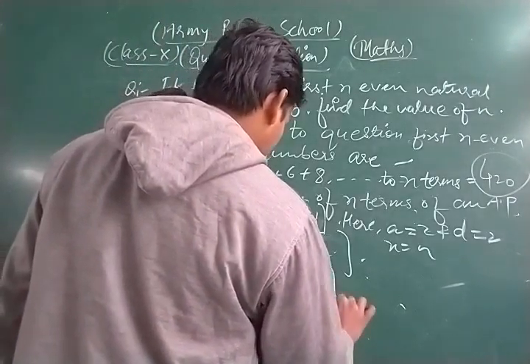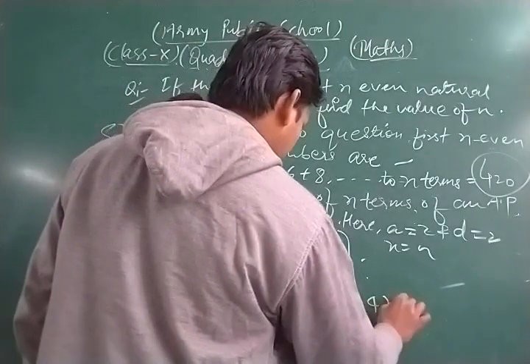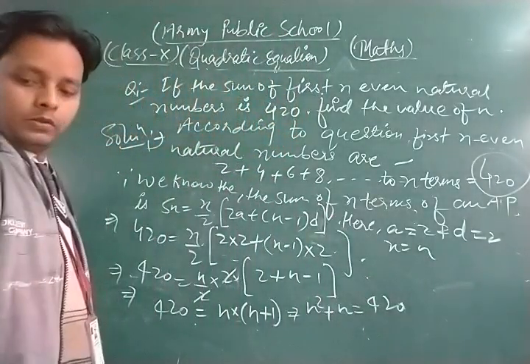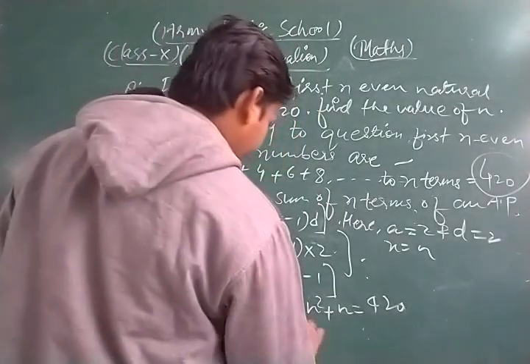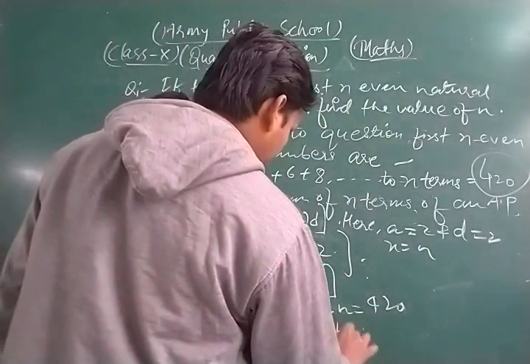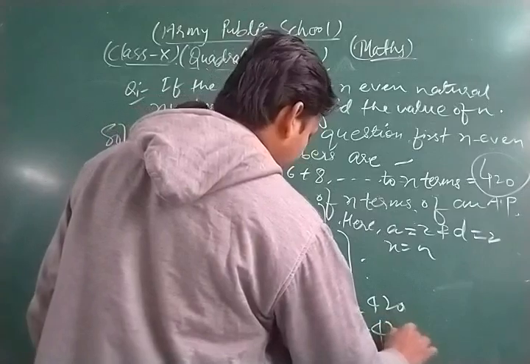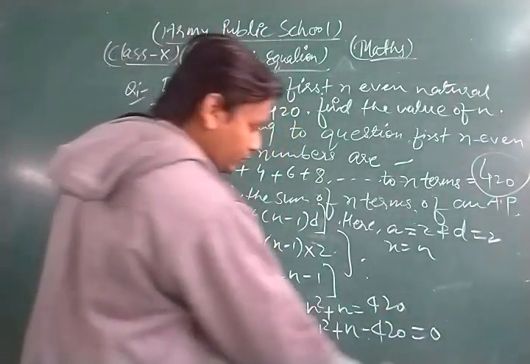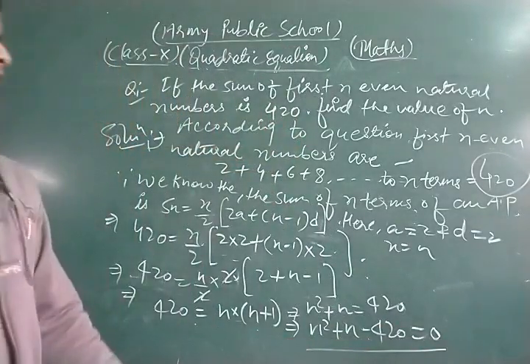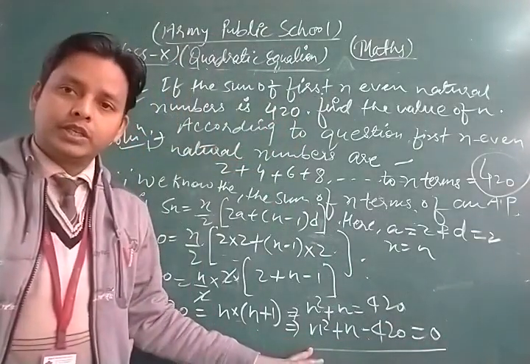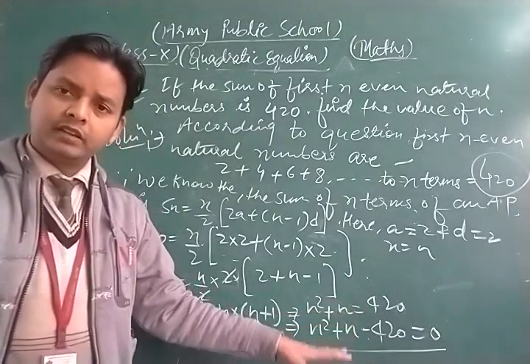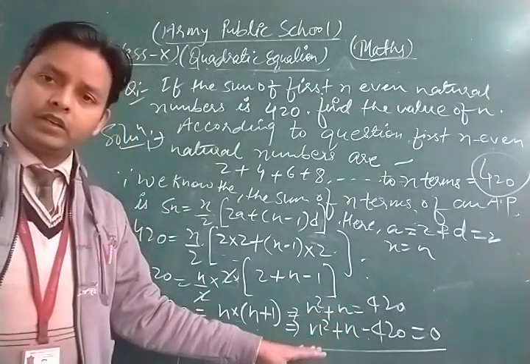So n square plus n is equal to 420. Now n square plus n minus 420 is equal to 0. So now, dear student, this is a quadratic equation in terms of n. Now we just solve the given equation.